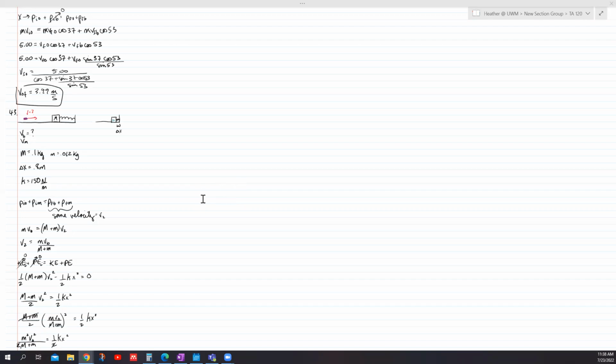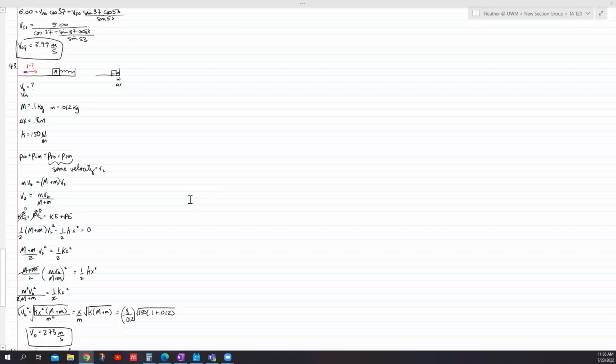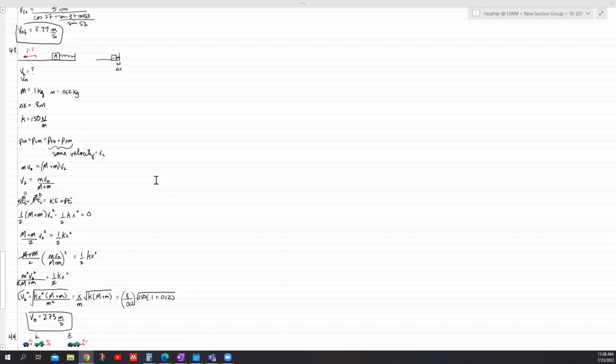So using conservation of momentum, we end up with the mass of the bullet times the velocity of the bullet equals the two masses together times their velocity.